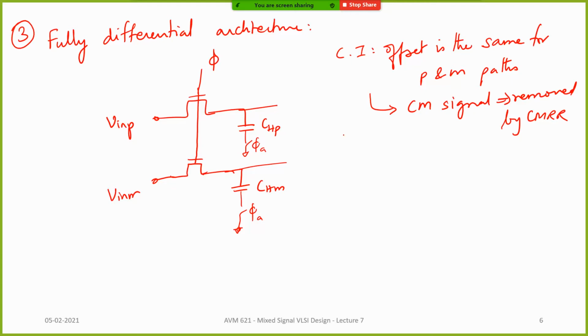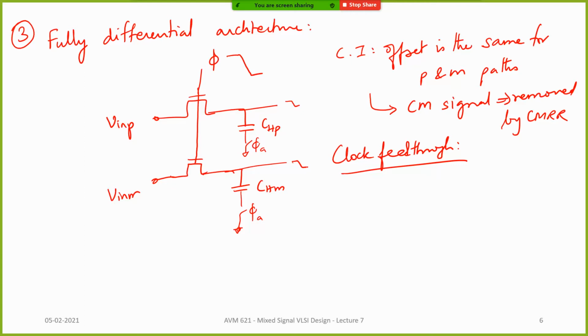Okay. Now the other effect of clock feed through. What happens? As this phi goes down, there will be a small drop here, and there will be a small drop here.